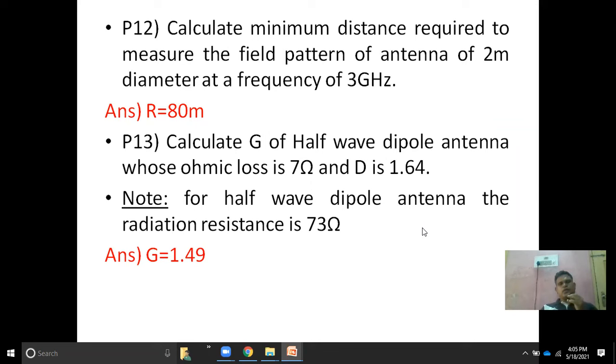Anyone in the class who calculated the value of lambda? Nobody calculated the value of lambda.